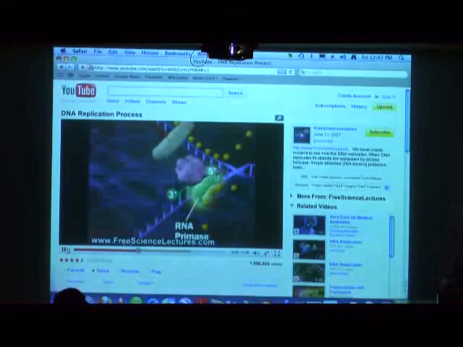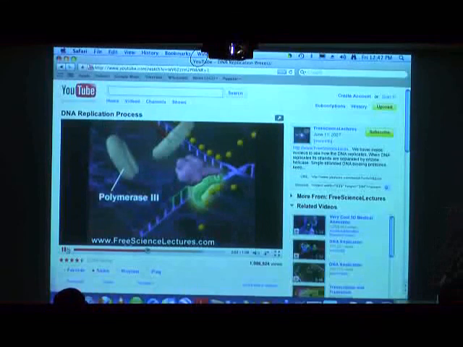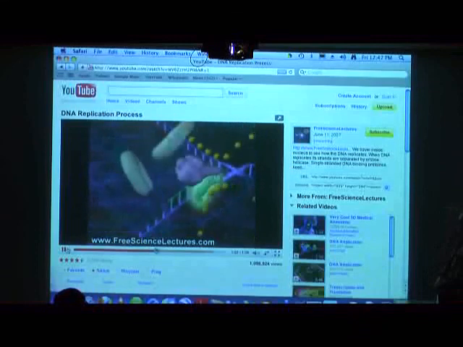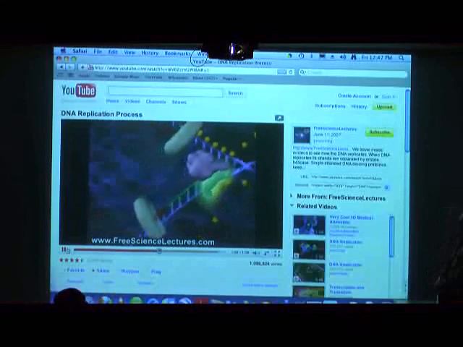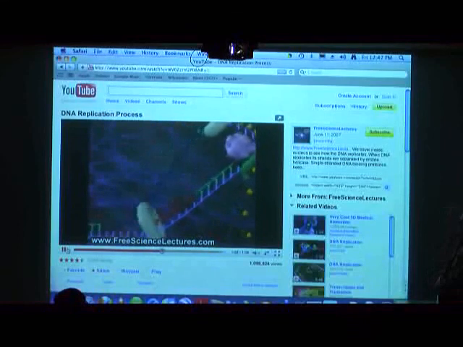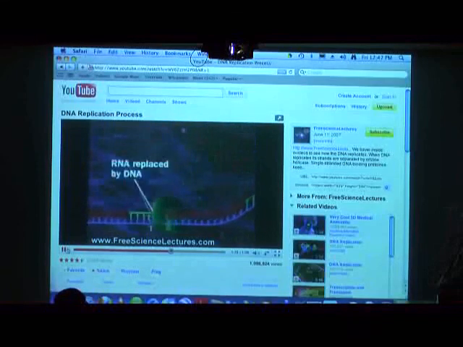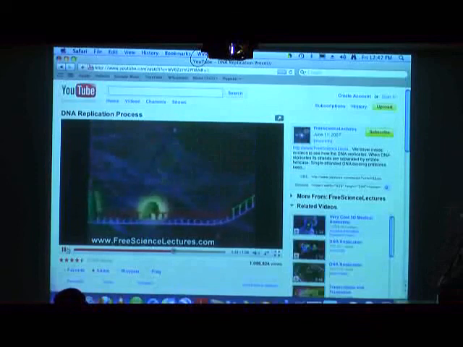First, an RNA primase lays down an RNA primer. Then, DNA Polymerase 3 lays down new DNA. The process repeats again and again. DNA Polymerase 1 replaces the RNA primers with DNA. Finally, DNA ligase links the Okazaki fragments.